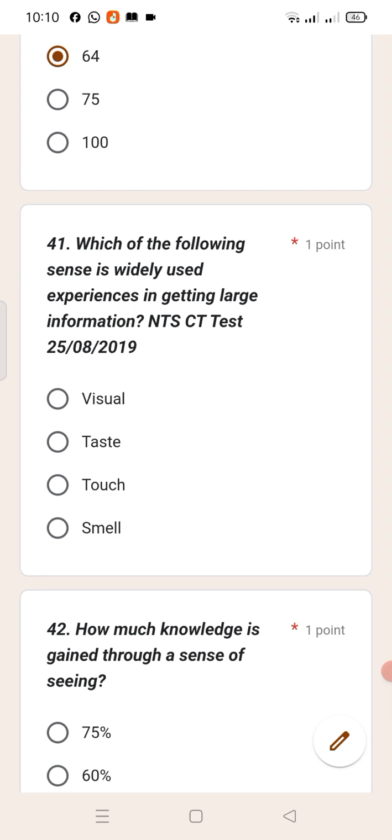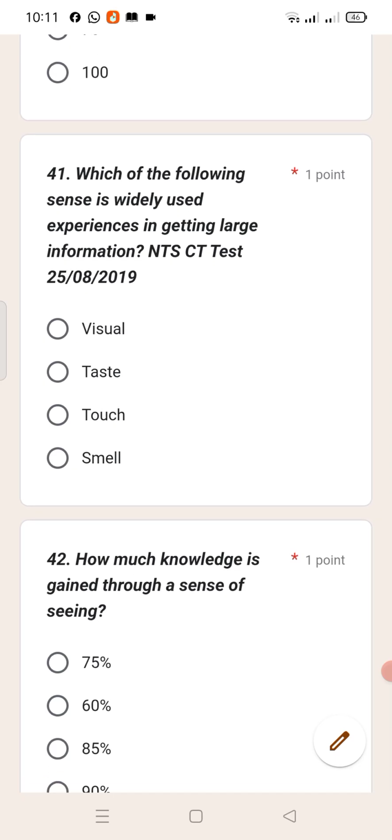तो which of the following is sense is widely used experience in getting large information? ये NTSCT टेस्ट 25/8/2019 में आ चुका है. I think visual.